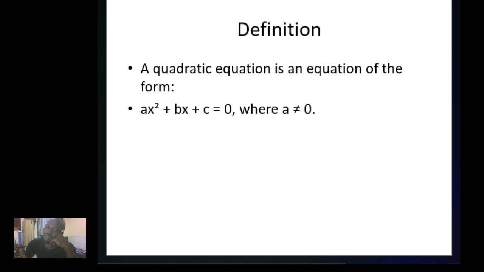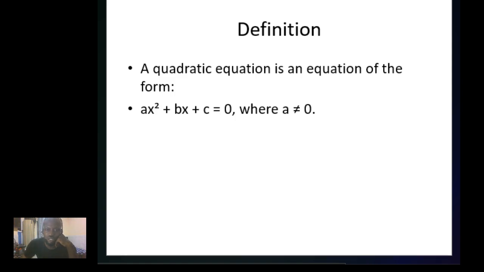We also have the same variable being raised to the power of 1, but the highest degree is 2. So it's a polynomial that has its highest power equal to 2. All these are the definitions that you can give to a quadratic equation.